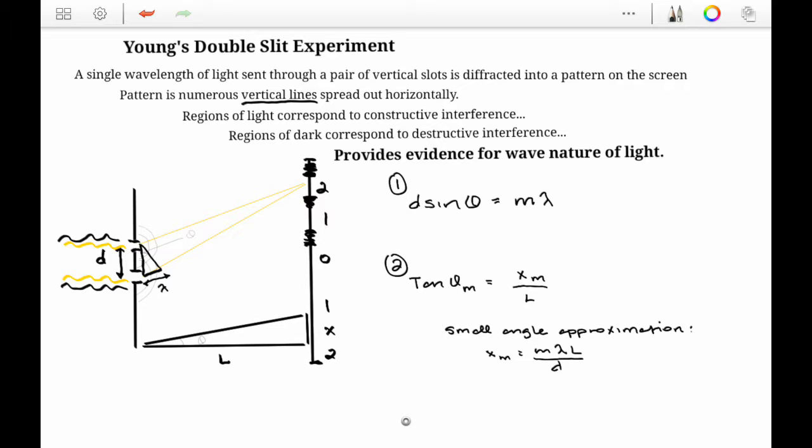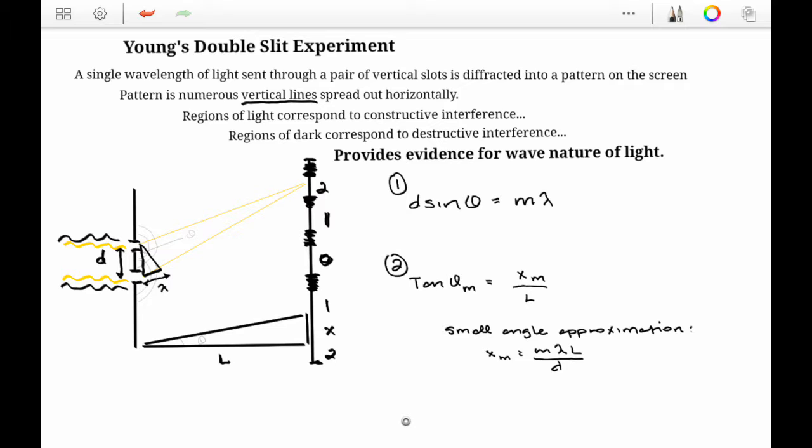On this screen, the 2, 1, 0, 1, 2 correspond to the maxima. The central maximum is the central order, the 0 order, then this is the first order, then the second order. So this is basically describing how the light appears on the screen.